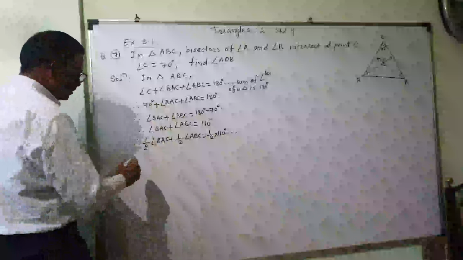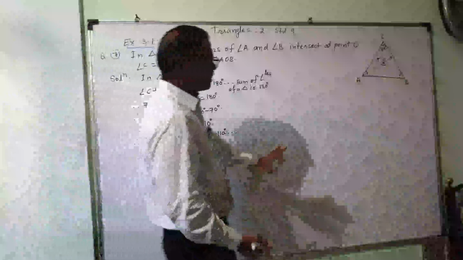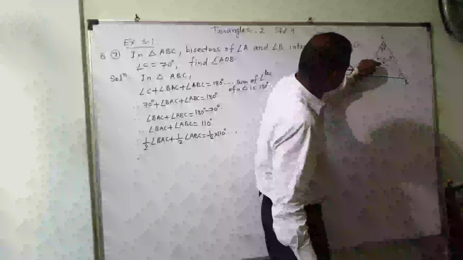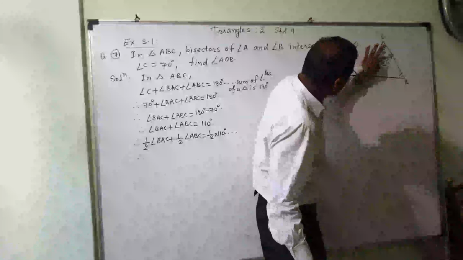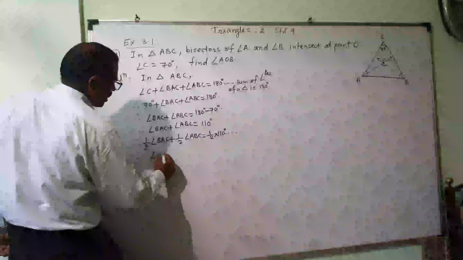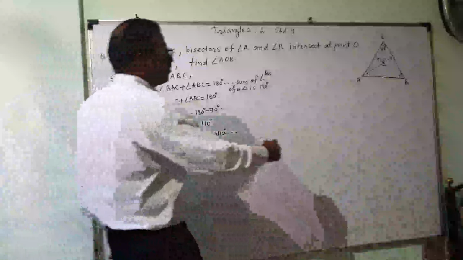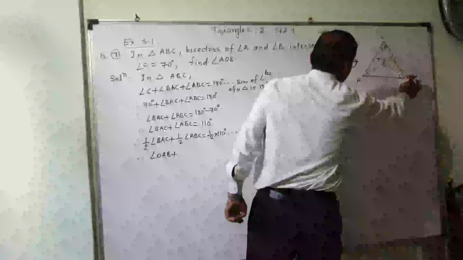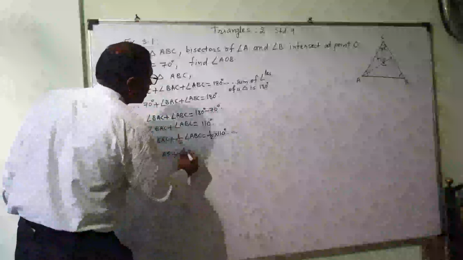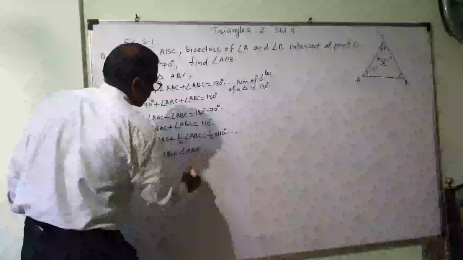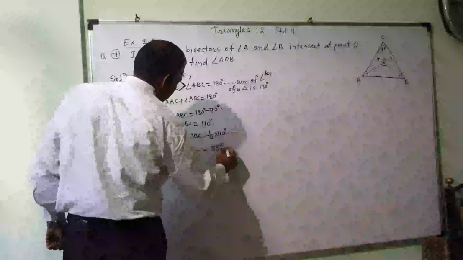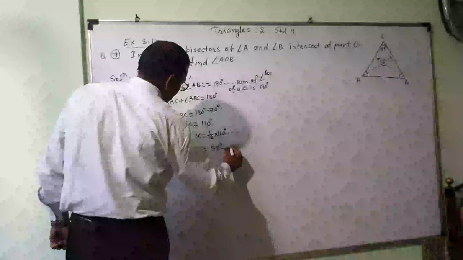Half of BAC, since this is the angle bisector, is nothing but this, OAB. Therefore, angle OAB plus half of this, angle OBA or ABO, is equal to 55 degrees. This is number 1. Here I am giving number 1.